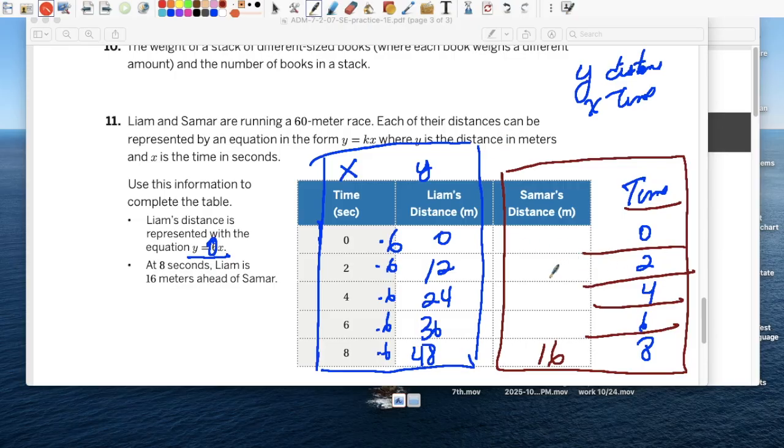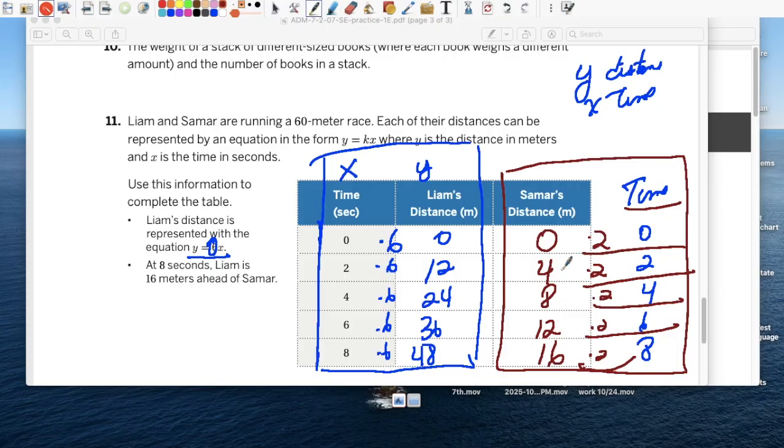So 4 seconds would be, so again, what's the relationship here? It's times 2, times 2, times 2, times 2, times 2. If Sam runs for 0 seconds, it'd be 0. If he runs for 2 seconds, it'd be 4, this would be 8, this would be 12.